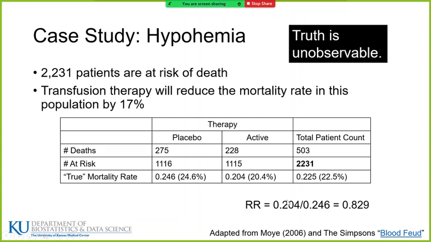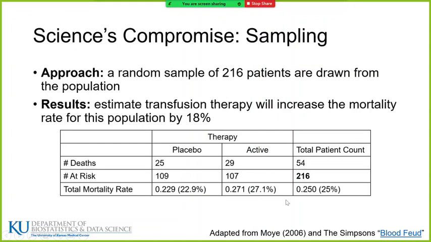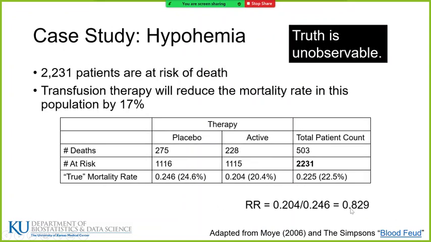That's the truth. But again, we are never able to get an exact representation of the truth for many reasons. Number one, our patient population might be very large, or we might not be able to contact every patient in the population.